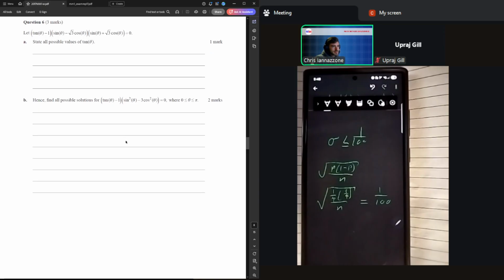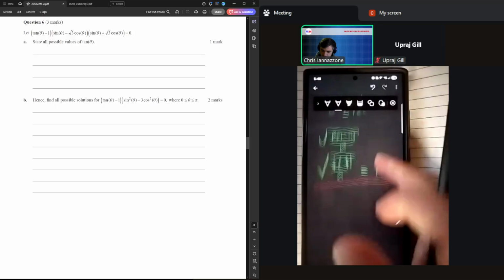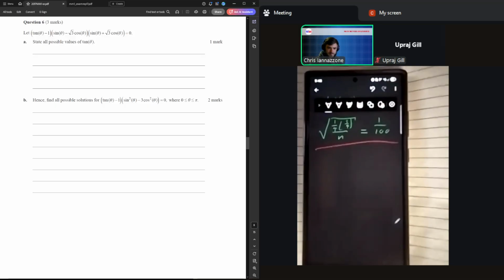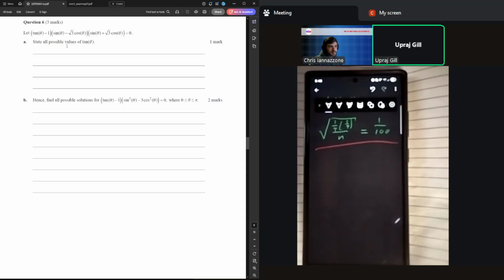Question 6. State all possible values of tan theta. Is it pi on 4 and pi on 4? That would be solving for theta. This is solving for tan theta, so a little bit different. One is one of them. Now, the linear division of cos base.